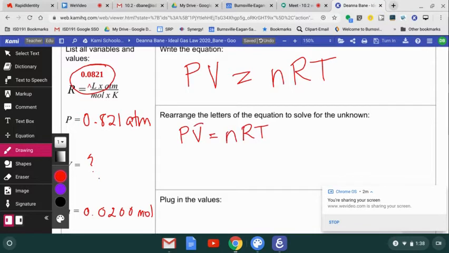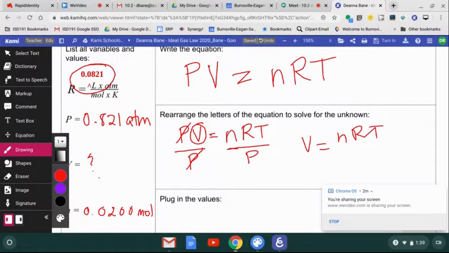So let me circle volume. And then we have to divide both sides by whatever variables or letters are left on the same side as the V. So we're going to divide by P on both sides. P will cancel. And the equation that we're left with is V equals nRT over P.